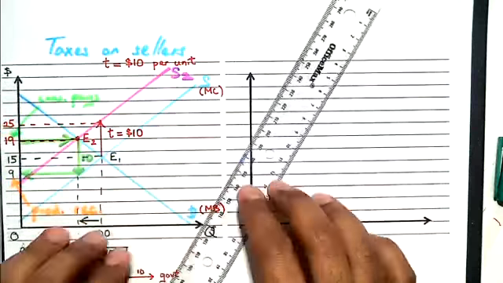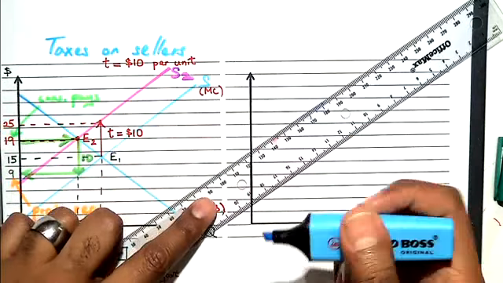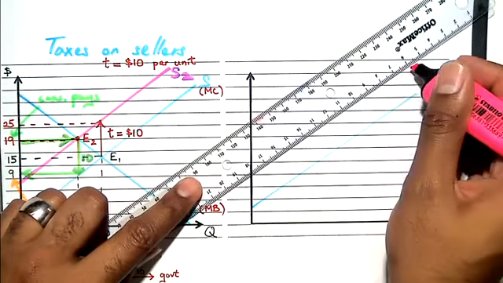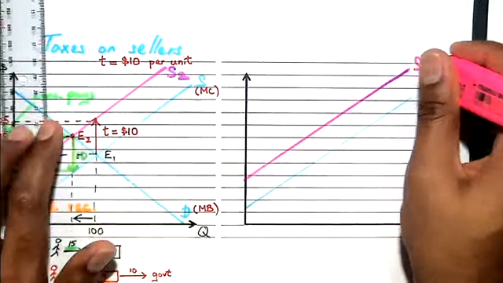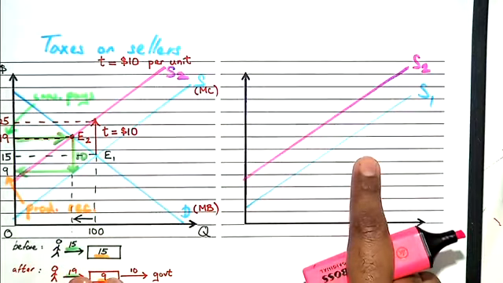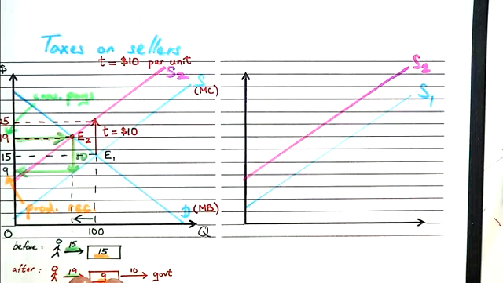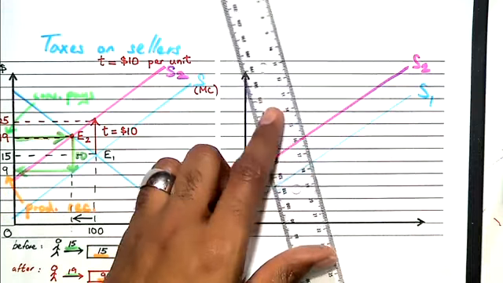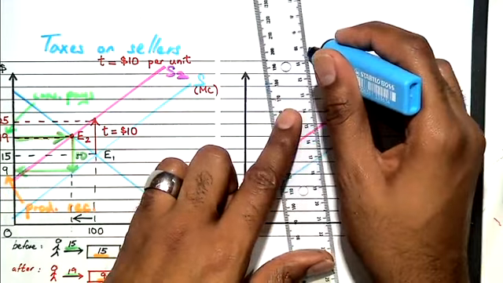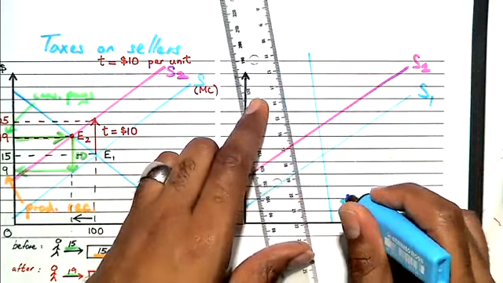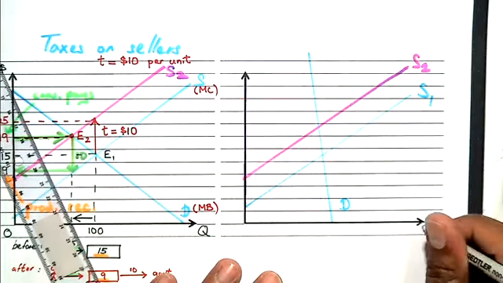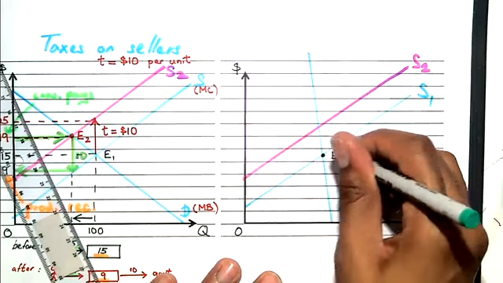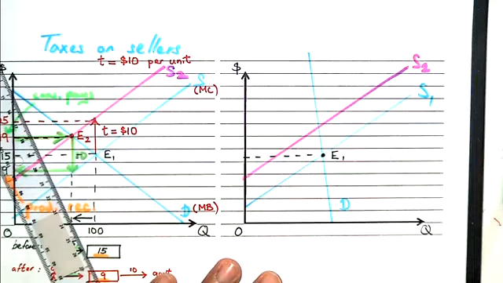If I redraw this diagram again with the same supply curve, so I'm just replicating the diagram here with the same supply curve and the same tax. But what if I draw the demand curve really steep? Look at E1 and E2.